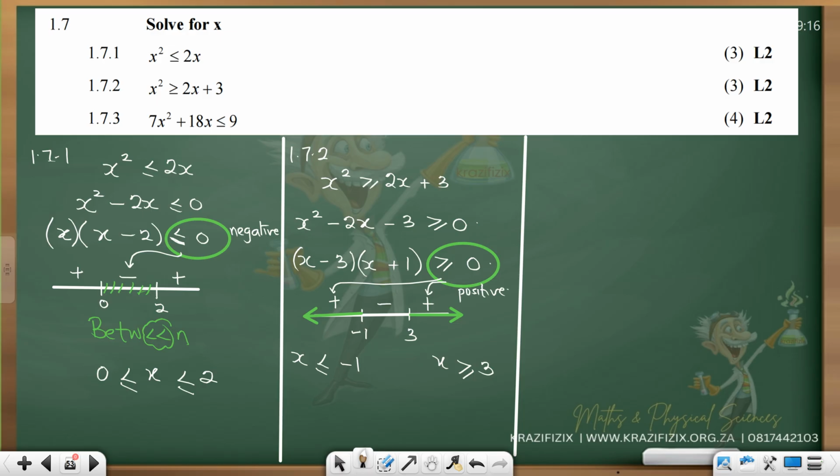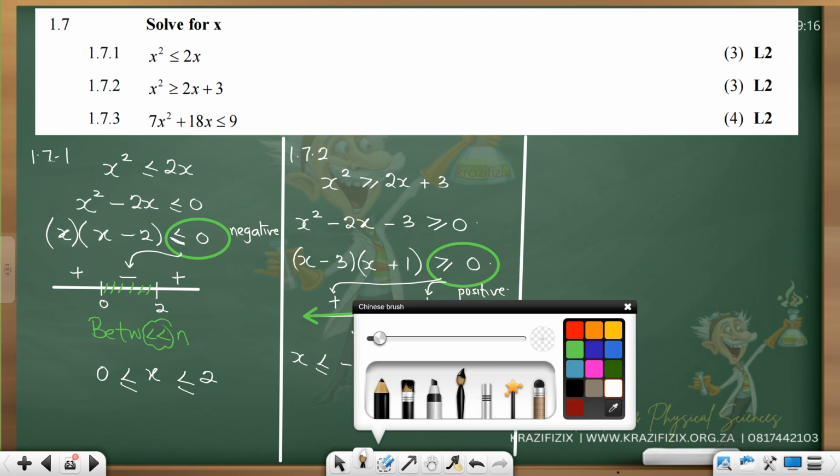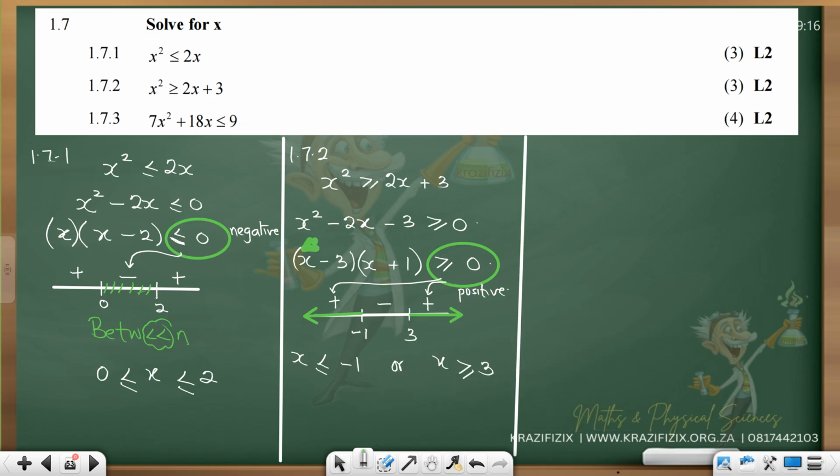No, please. Minus 1 or x. If you try to substitute answers, for example, minus 2, it will still work because both of them would be negative.